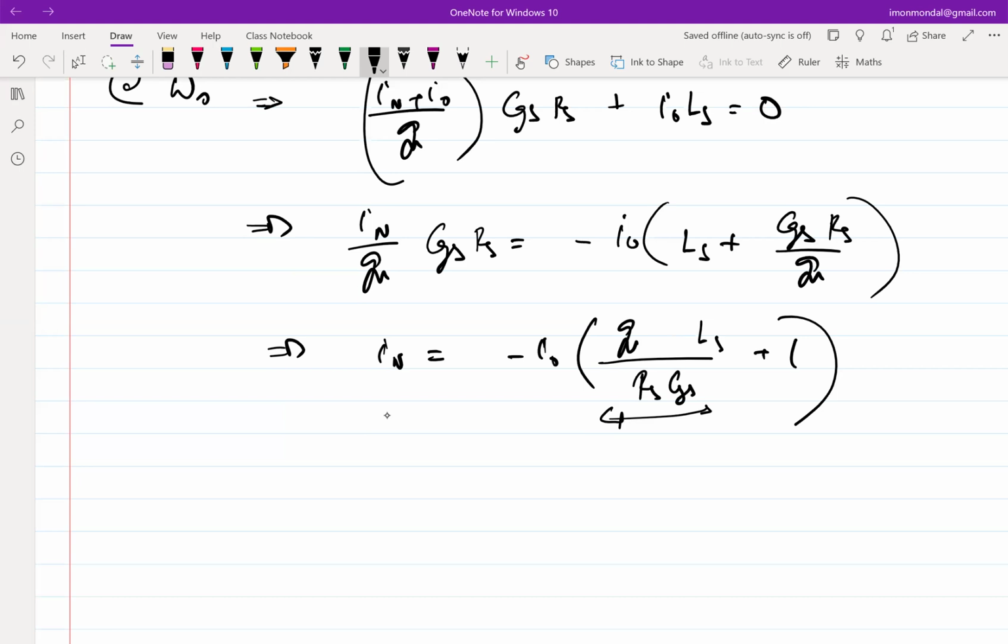So this is 1, right? So it essentially becomes minus I naught times 2. So your I naught becomes minus IN by 2. Right? After all this algebra, pretty simple output, right? But the key thing to note is that only half of the output noise, half of the transistor noise comes to the output.